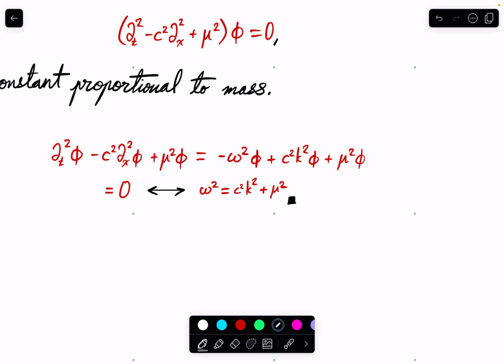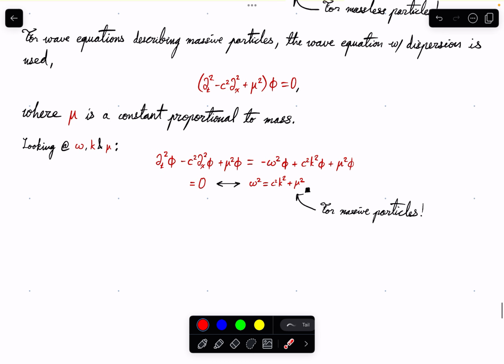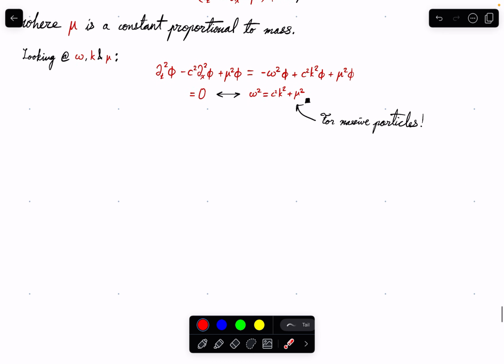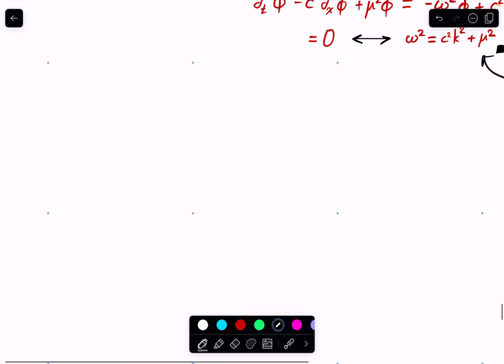So this is for massive particles, though technically it does describe massless particles as well. This is the generalization, it's just mass equals 0. So there is an important quantity here.